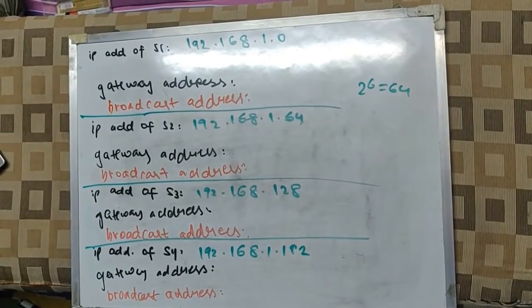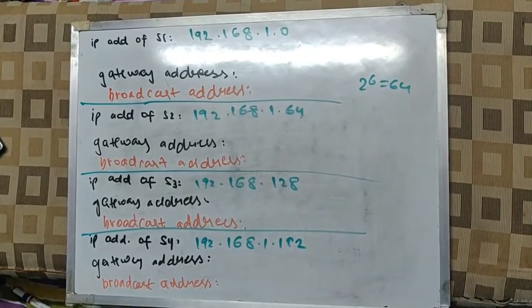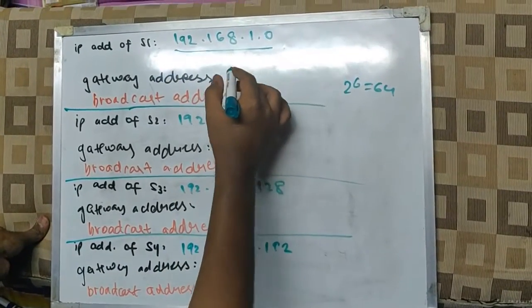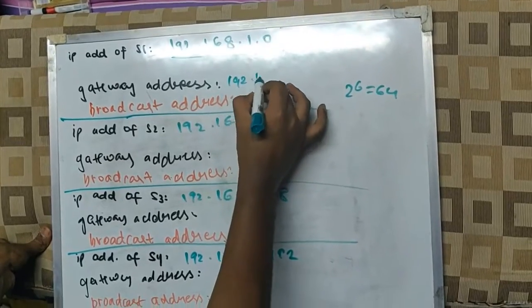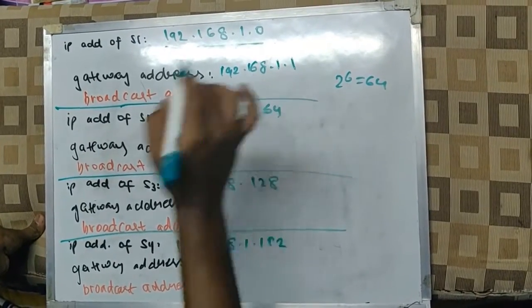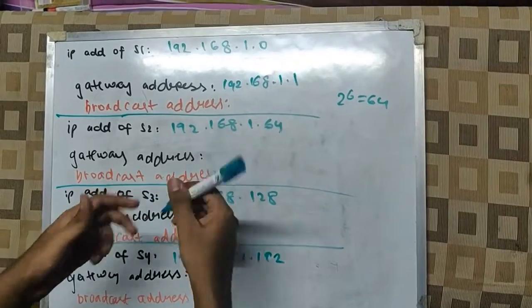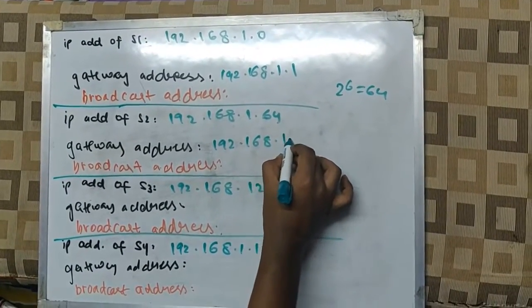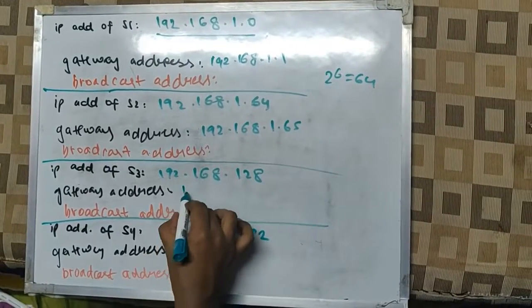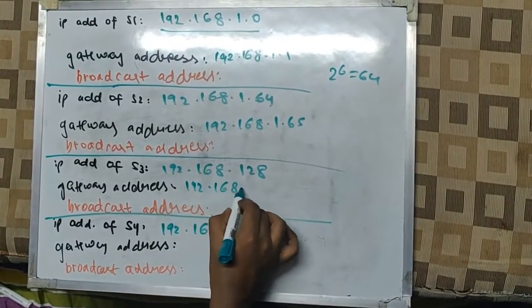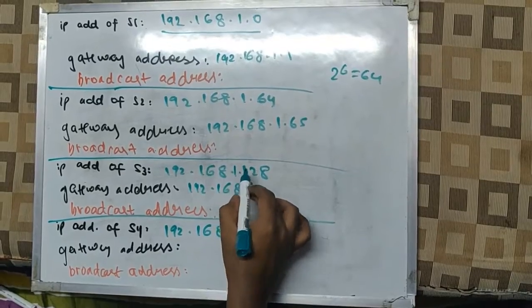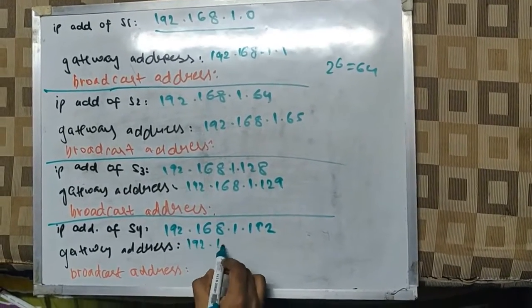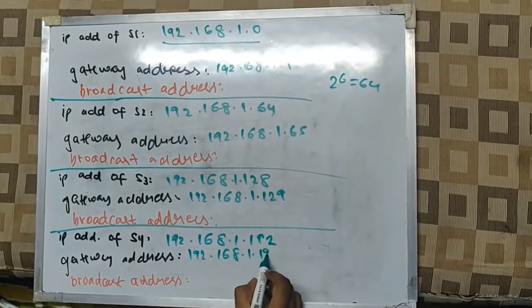Now how do we calculate the gateway address? The gateway address is going to be the first address of each subnet. So the first address is going to be 192.168.1.1. For the same thing, here also we'll use 192.168.1.65, 192.168.1.129, and 192.168.1.193.